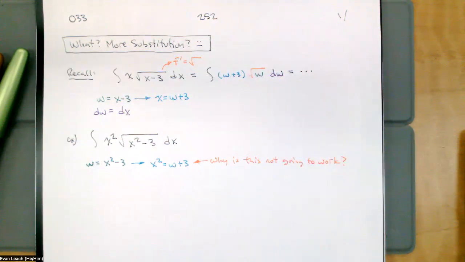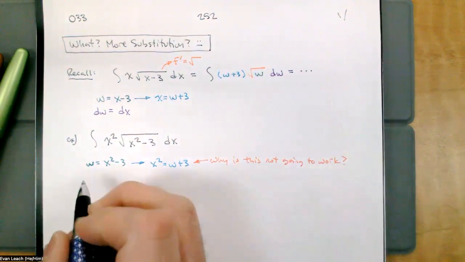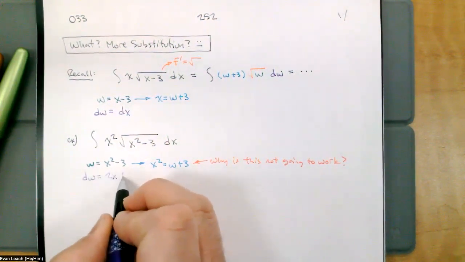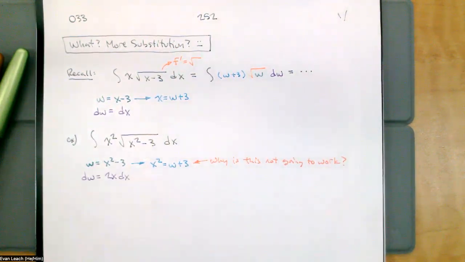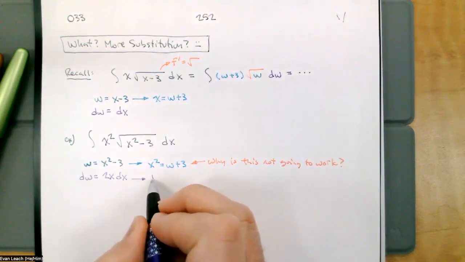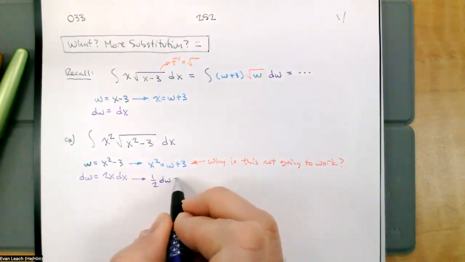What did I not write yet? dw. What do we need for the dw in this integration? I need 2x dx. So I don't have an x squared to be a w plus 3 because one of those x's has got to be my dw. I need one of those x's to be the dw. So this is not going to work because I need one of these x's to be a half a dw.